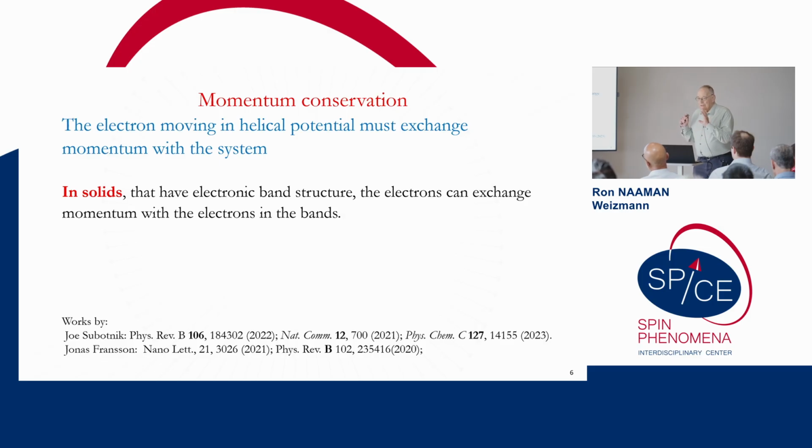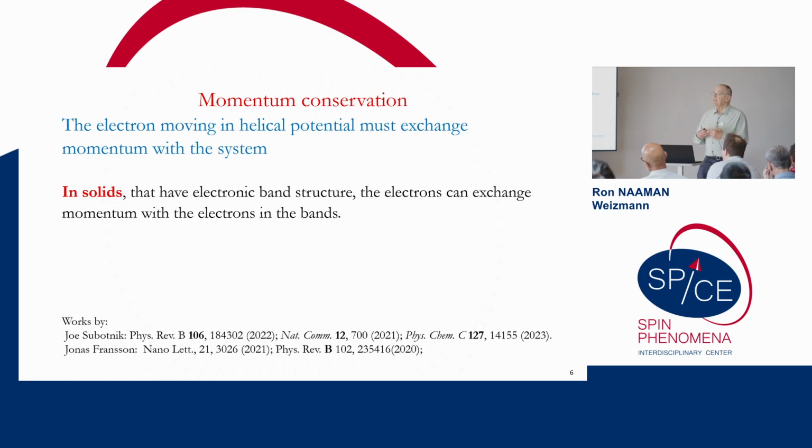Now, the problem here is that the electron going through the system must collide with the system and exchange momentum, very much like the Frisbee. With what can the electron exchange momentum? If we are dealing with a solid, then we have bands.